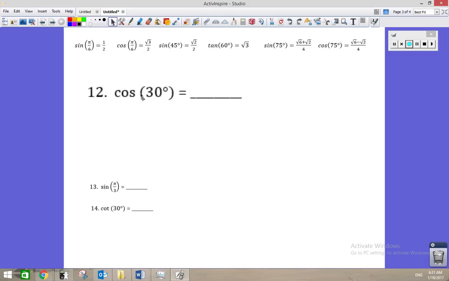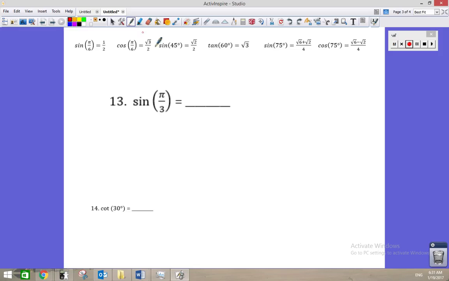All right, I'm back. Pi over 3. Well, I don't see the sine of pi over 3, but I know that sine and cosine are cofunctions, and I know that pi over 3 and pi over 6 are complementary angles, so the sine of pi over 3 is equivalent to the cosine of pi over 6, and it tells me that that is the square root of 3 over 2.